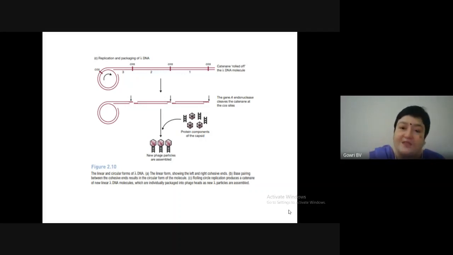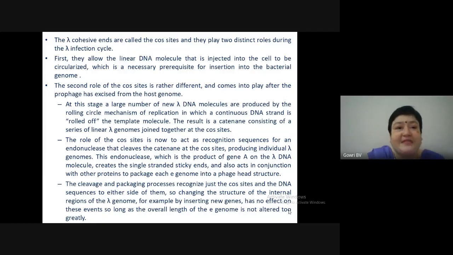So removing the gene, inserting a foreign gene inside, and packaging into the lambda phage capsid head can be done wonderfully with gene cloning technique, until the size of the molecule goes higher than 49 to 52 kilobase. That is what this sentence and the previous slide meant. So we will go back to the previous slide so that you will understand again. Just look into the slide once again.